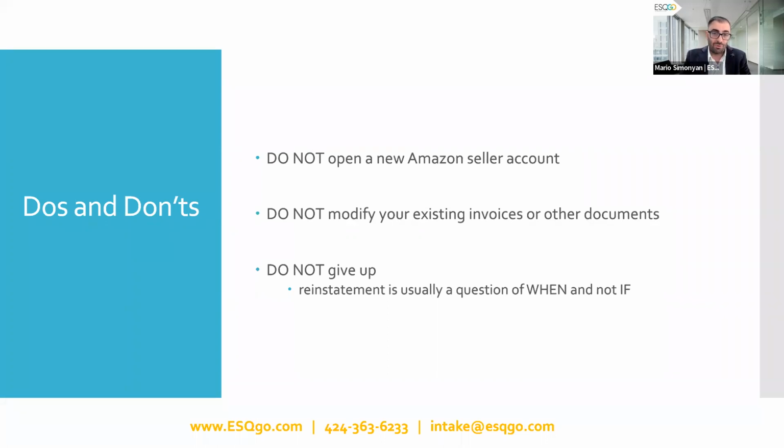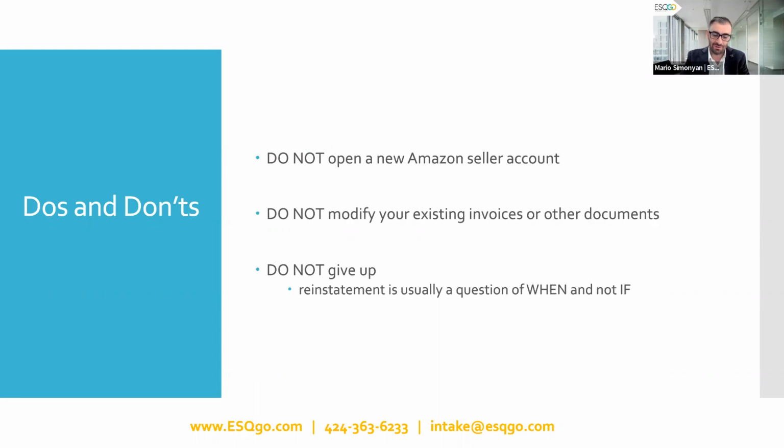Next, do not manipulate or modify your existing invoices or other documents. Most sellers, when they get suspended, Amazon wants the invoices a certain way. They want certain names, information, and addresses on the invoices. If that's not on there, do not modify it.